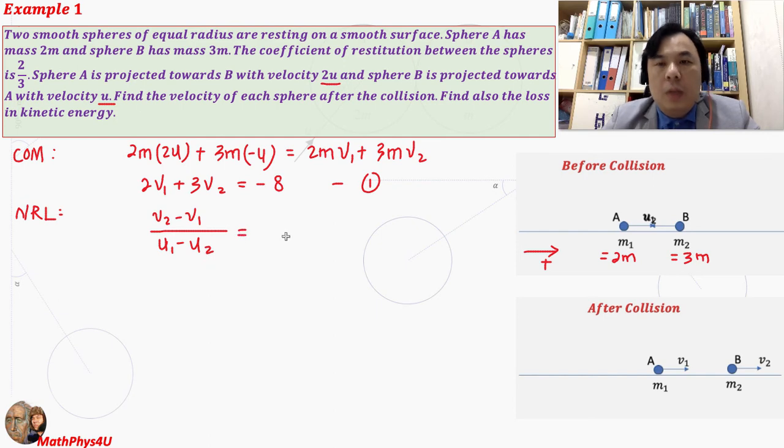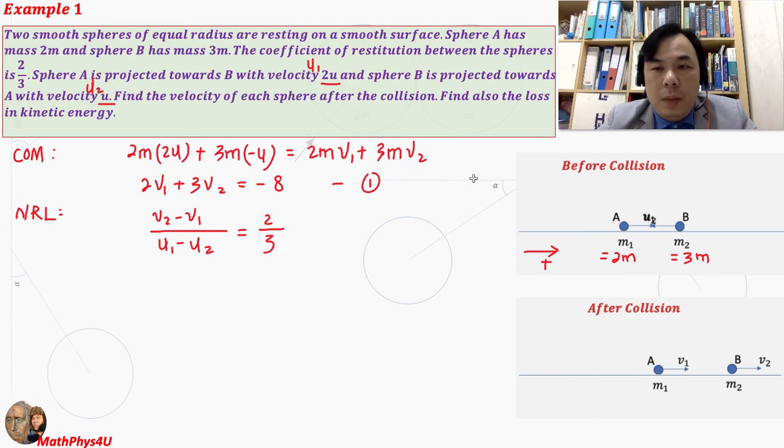And then the coefficient of restitution is actually given for us, which is 2 over 3 here. Okay. And then from here we can form another linear equation. This is our u1. Our u2 is here.